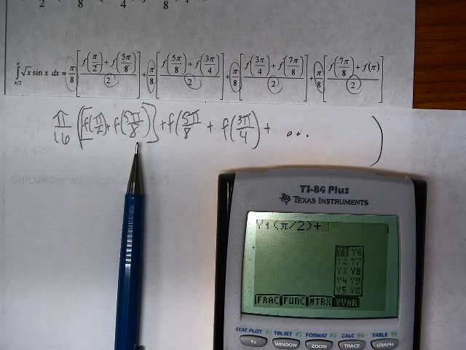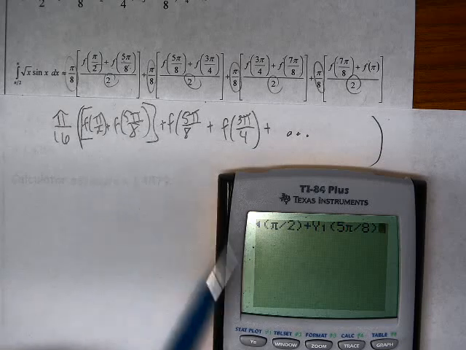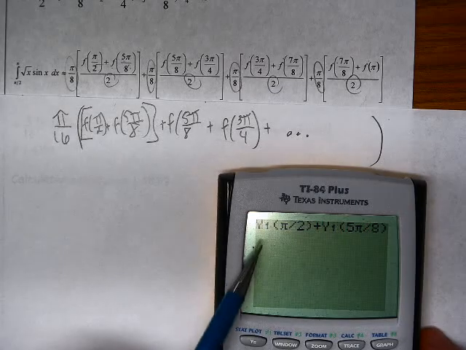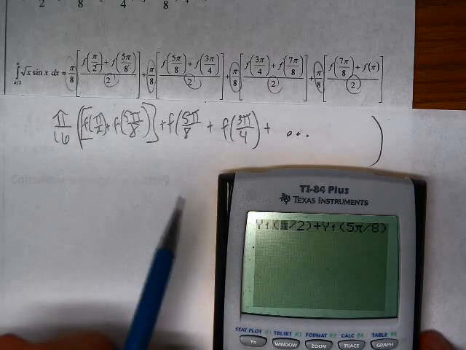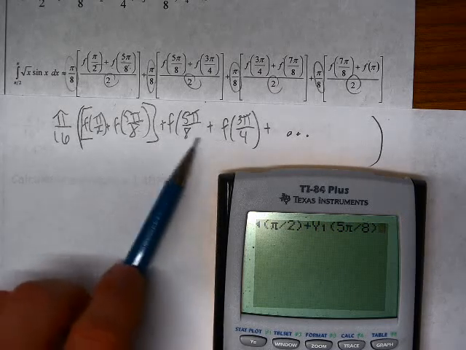So I go alpha f4 y1 of 5 pi over 8, and so on. Okay, when I do that, this is the calculator's notation for f of pi over 2 plus f of 5 pi over 8. I can continue that along.